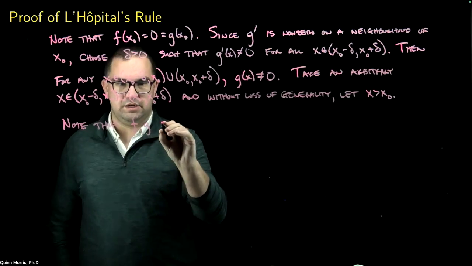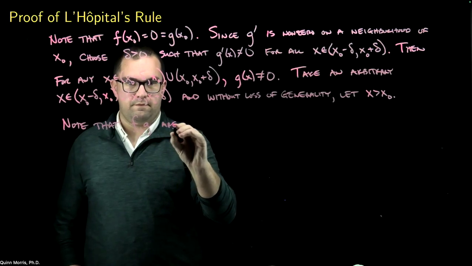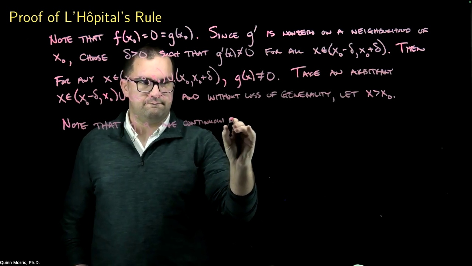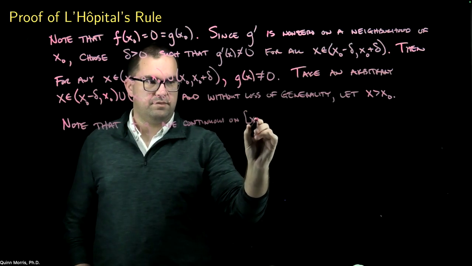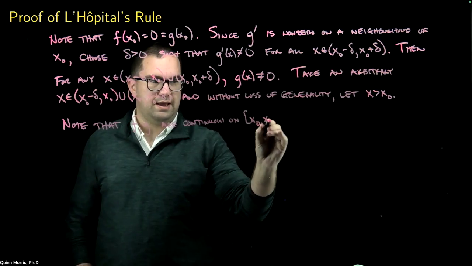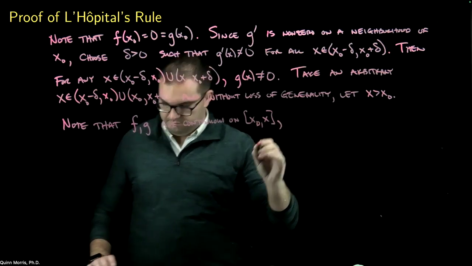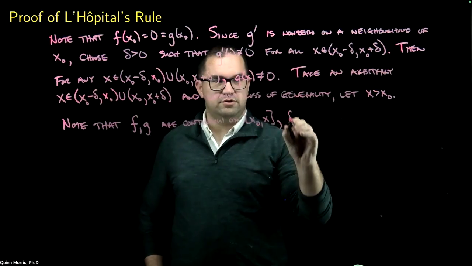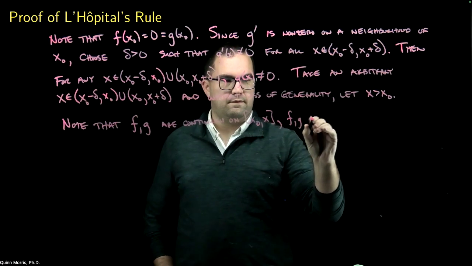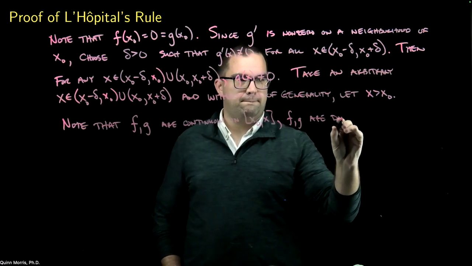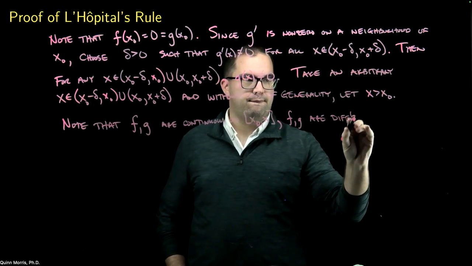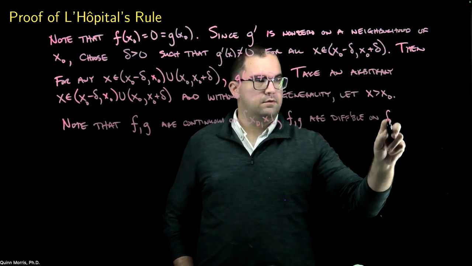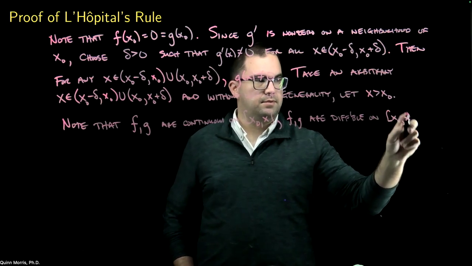So f and g are continuous on the interval x naught up to x. f and g are differentiable on x naught up to x.